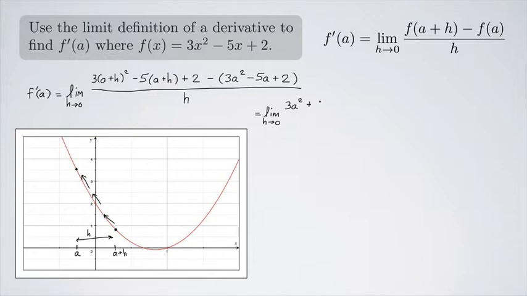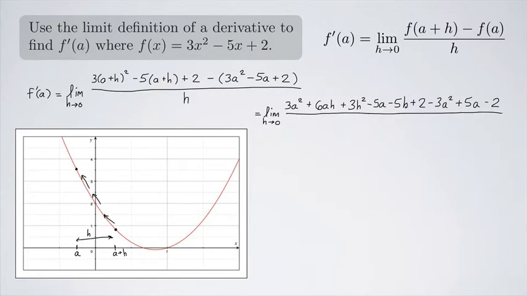So that's going to give me 6ah when I multiplied by the 3, plus 3h squared. If you need to multiply this out first and then multiply through by the 3, that's okay. Better safe than sorry. And then we have minus 5a minus 5h plus 2 minus 3a squared plus 5a minus 2. Okay, distributing that minus sign.